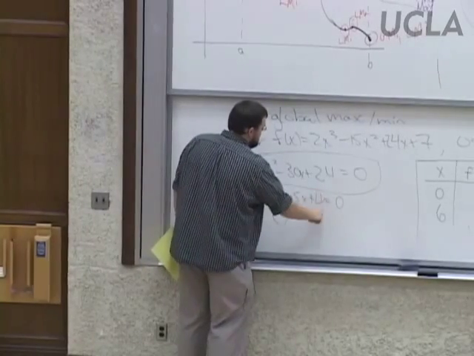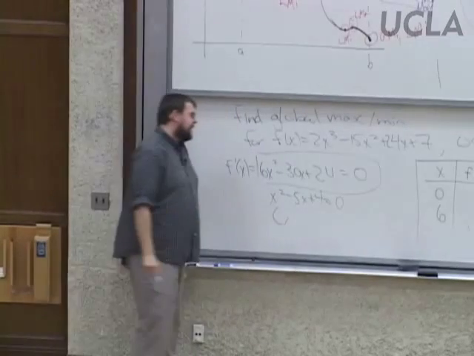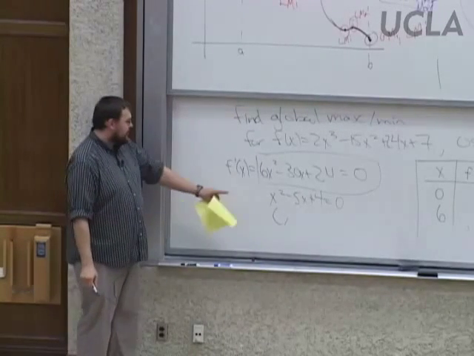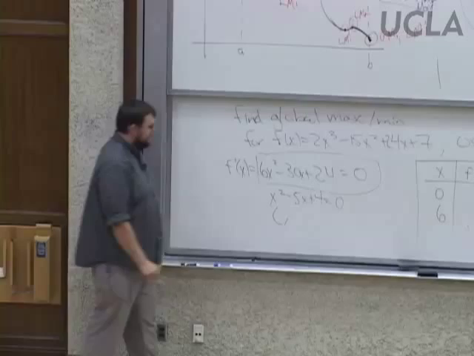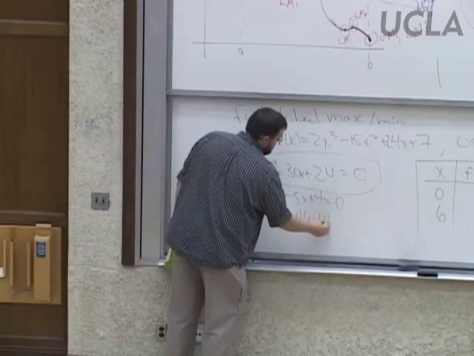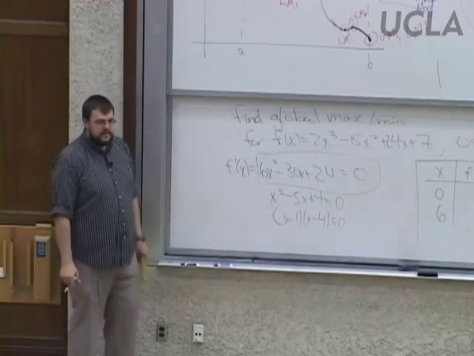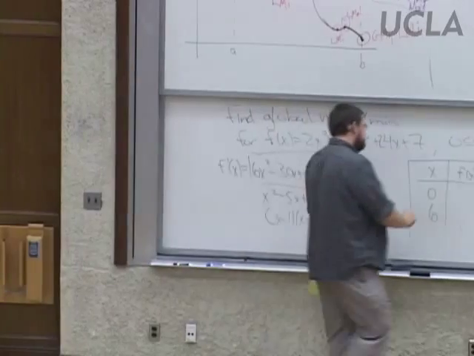OK, good. Thank you. So x minus 2, x minus 3. OK. So what other points do we add to our list? 2 and 3.